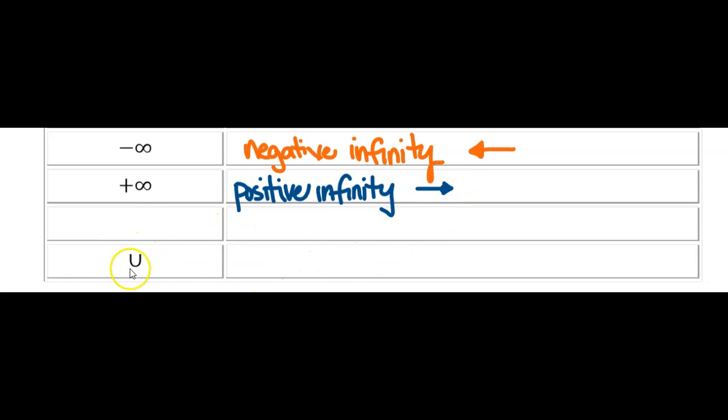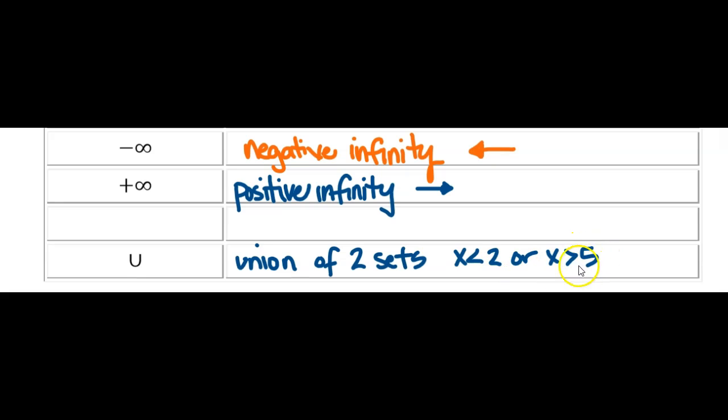The last vocab word is this U-shaped symbol, which represents a union of two sets. And that would be used to write something like x is less than 2 or x is greater than 5, for instance. So you could belong to either set, but both sets are included in the union.